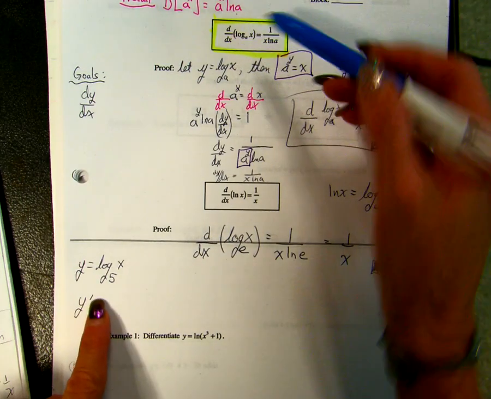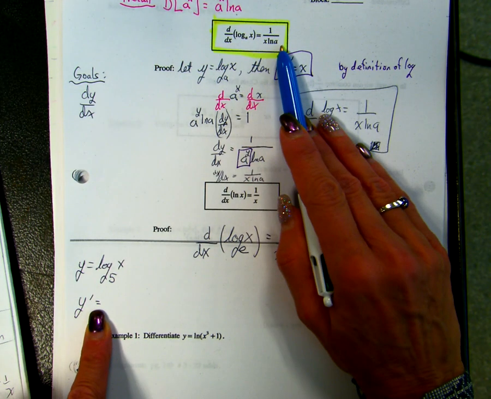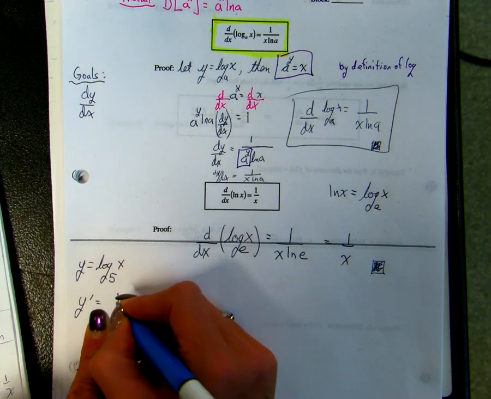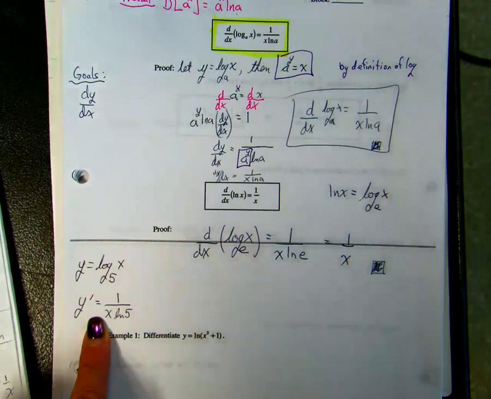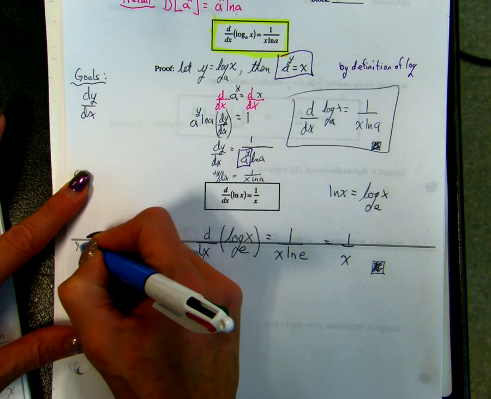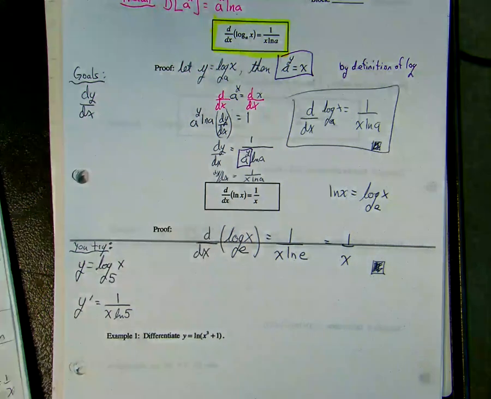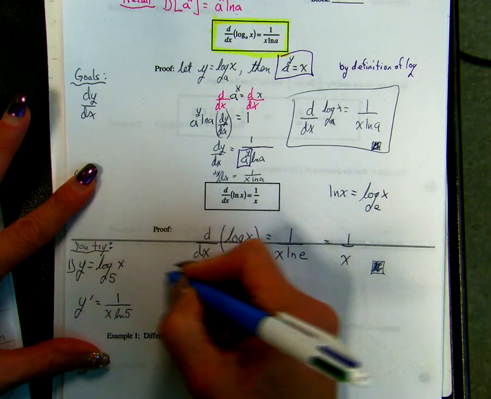Just look back at your derivative, log to the base a of x, take the derivative: 1 over x ln a, where a here is the base. So are you all getting 1 over x ln 5? Anyone want another example like that before we move on?